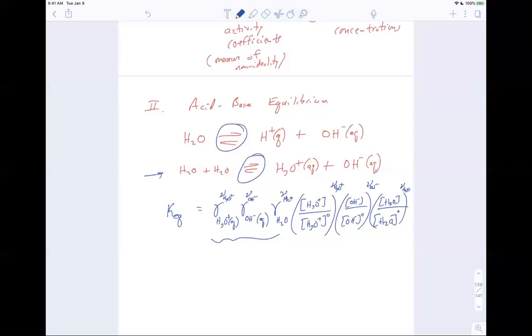Now, the other thing to keep in mind is that the other approximation was that all of these reference concentrations were taken to be 1 molar.